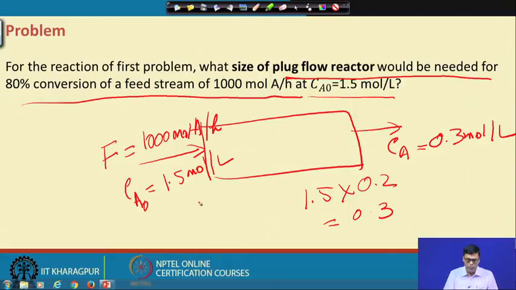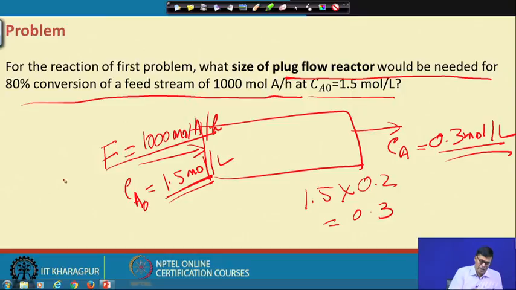So we have to find out what size of the plug flow reactor is required to reduce the substrate concentration from 1.5 moles per liter to 0.3 moles per liter, with the flow rate of 1000 moles of A per hour. Now I want to point out one thing again: F is given in moles per hour.